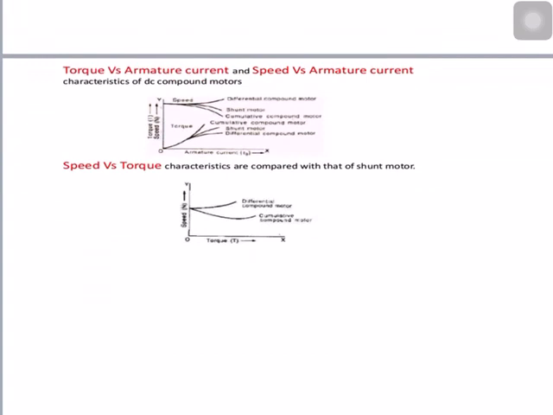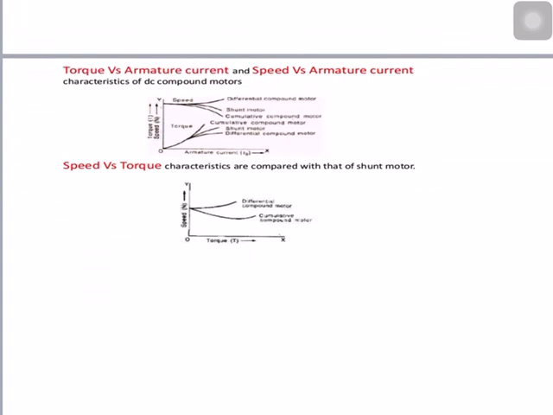So cumulative compound motors are used where series characteristics are required, but load is likely to be removed completely, and the series winding takes care of the heavy load, whereas the shunt winding prevents the motor from running at dangerously high speeds when the load is suddenly removed.